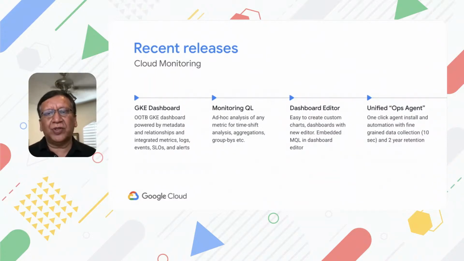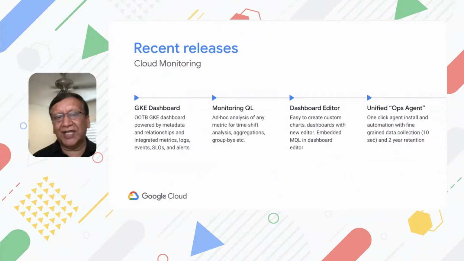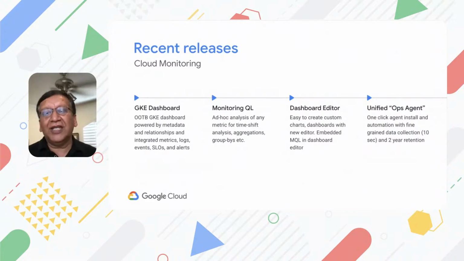The GKE dashboard relies on a relationship graph that understands how each Kubernetes object is related to other Kubernetes objects. The graph enables users to perform filtering in the GKE dashboard. For any given incident or alert, for example, it is easy to find the correlated metrics, logs, and Kubernetes events by using filtering that is based on this graph.